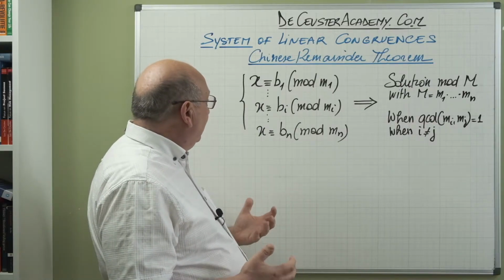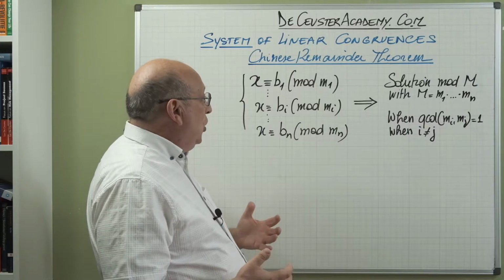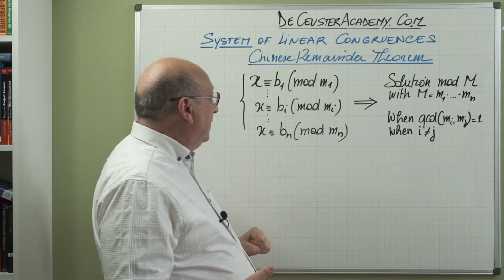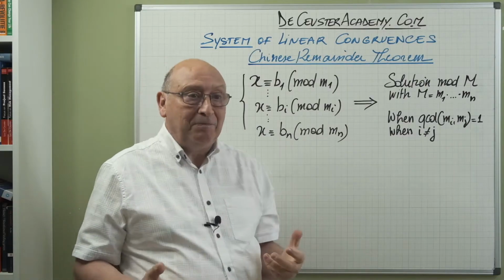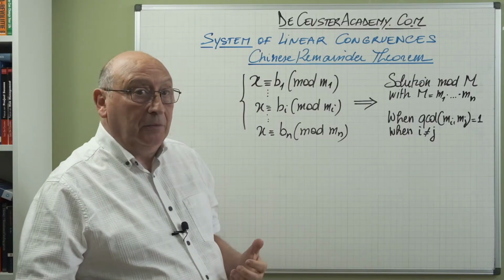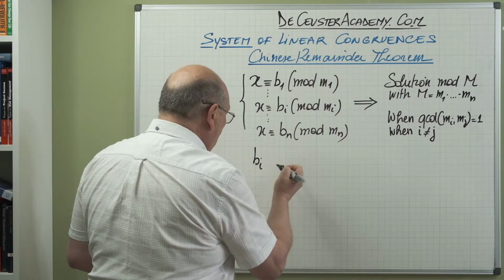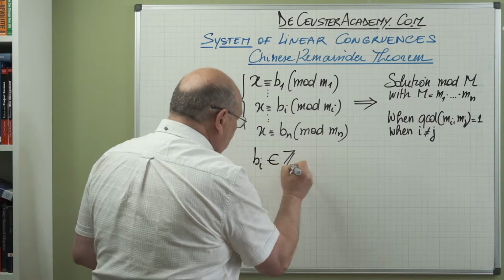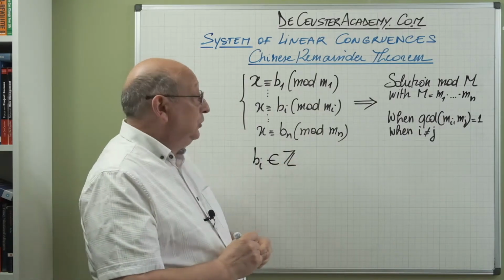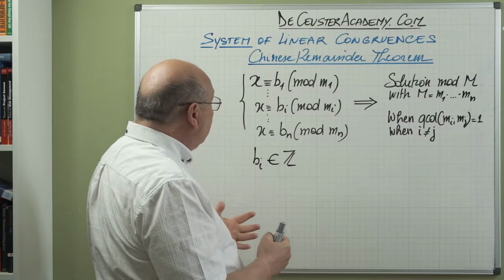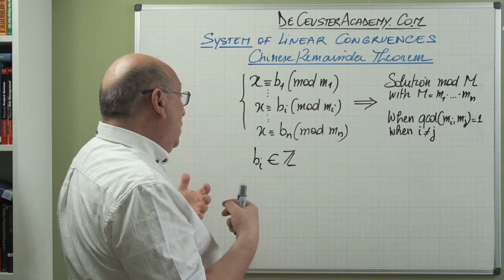So basically, we want to find that value of x for which it has the different remainders when divided by these different moduli. Now, we also have to say that the bi, the coefficients, are integers.